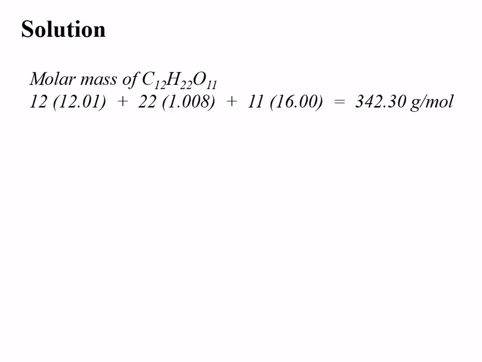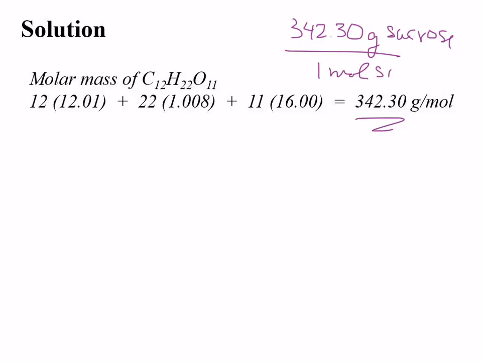Rounding it to 2 decimals, we get 342.30 grams per mole. That means 342.30 grams sucrose per 1 mole sucrose.